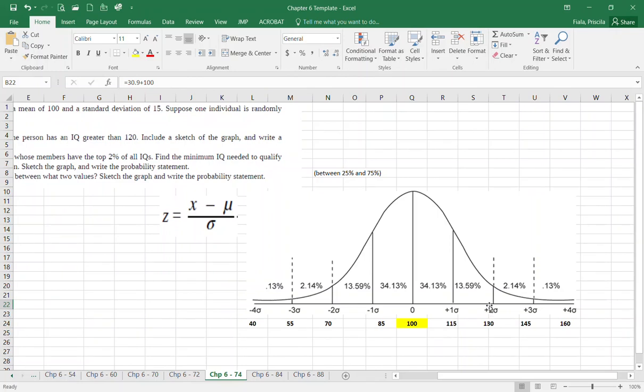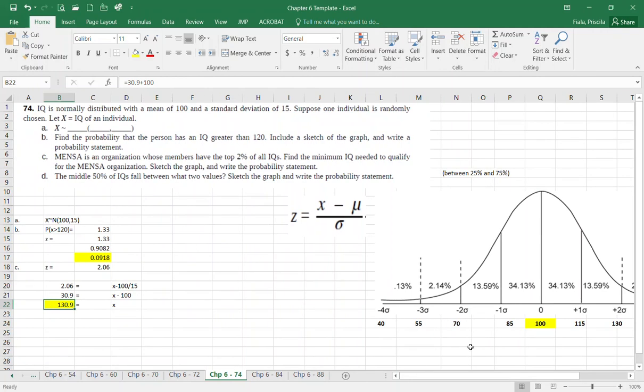Okay, and remember your z-score was 2.06. So it is correct.